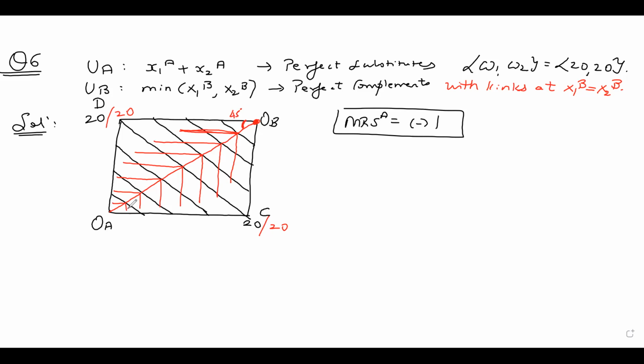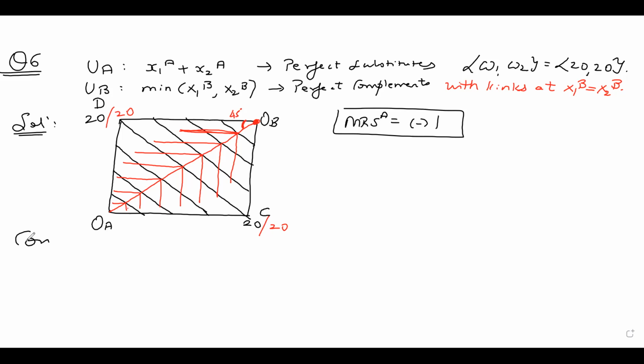Okay. Now guys, where will the Pareto efficient points lie? So first of all, we can check the kinks, then we can check the region. So I can divide my answer into the 45-degree line. Let me check on the 45-degree line, and then let me check on the two regions.